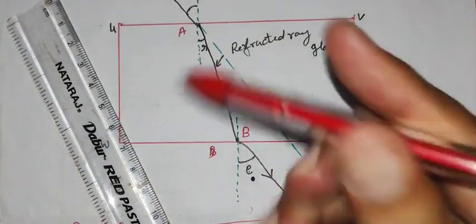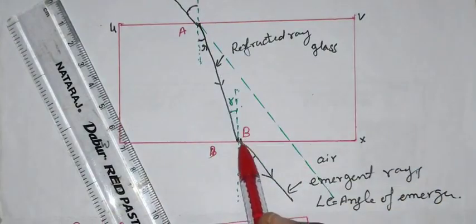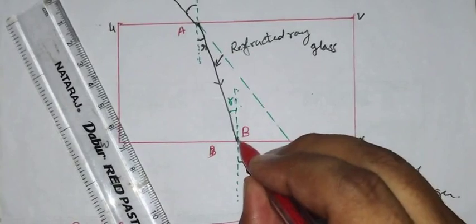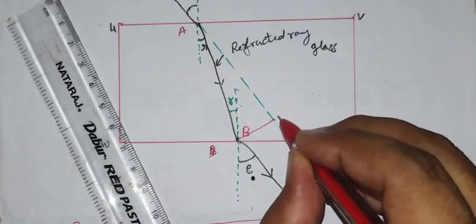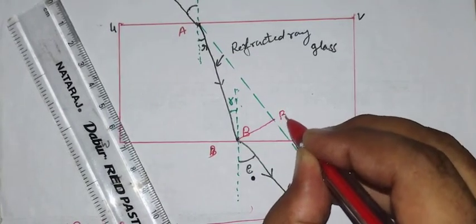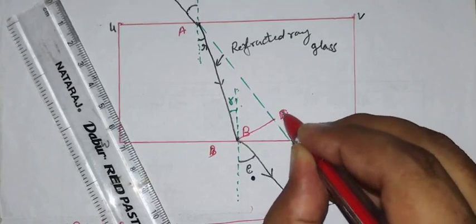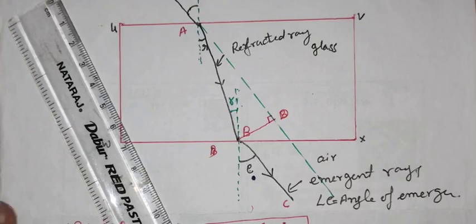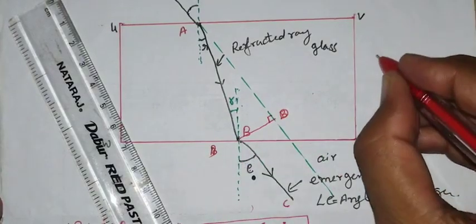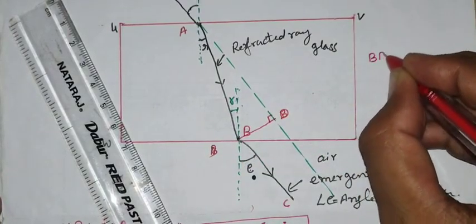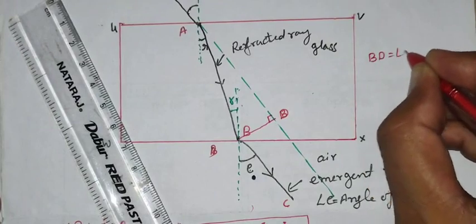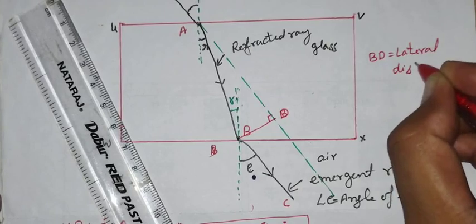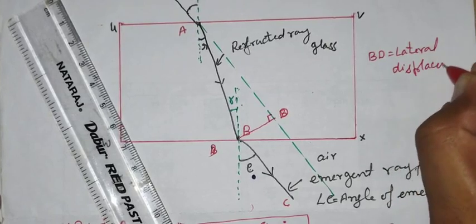First of all, this is point A, point B, take this point C, draw a perpendicular from here on this line. Let this be point D. This perpendicular distance BD is called lateral displacement.